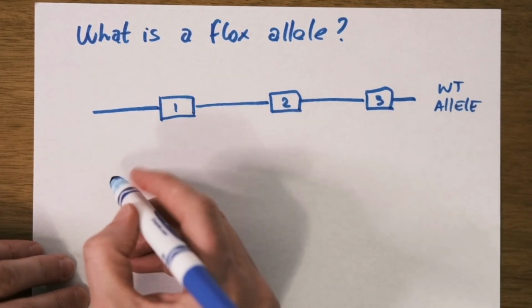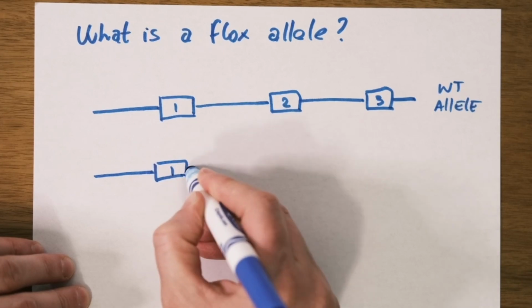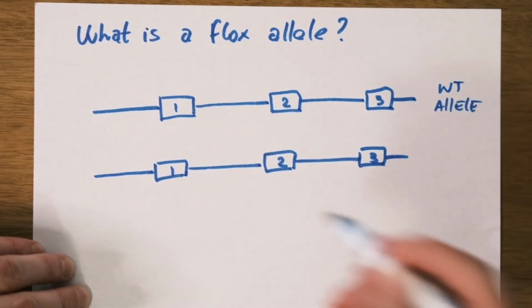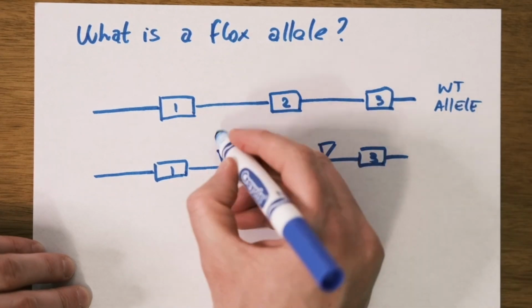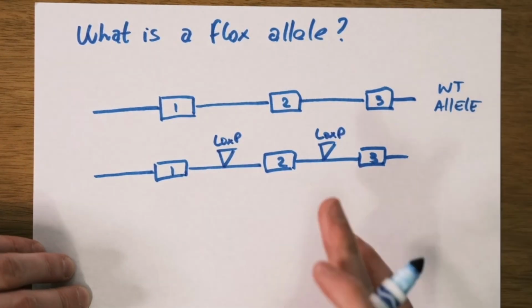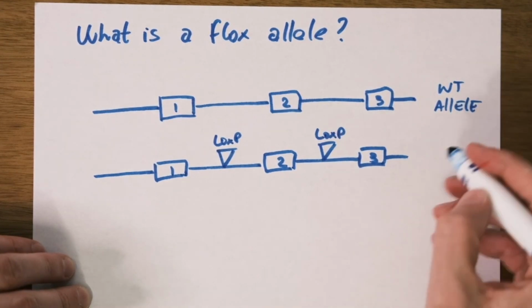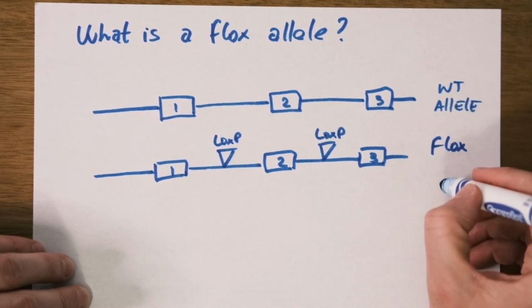Now our Flox allele will look pretty much the same. So we'll have our exon 1, intron. The difference is now we are going to have these LoxP sites beside, typically flanking one of the exons, and we are going to call this allele flanked by LoxP sites.